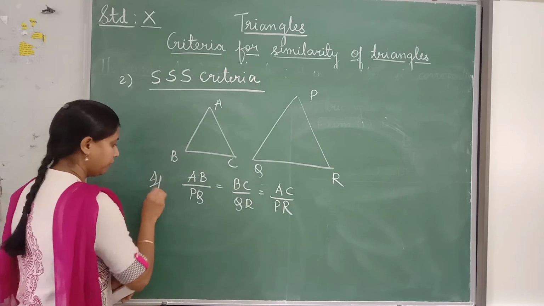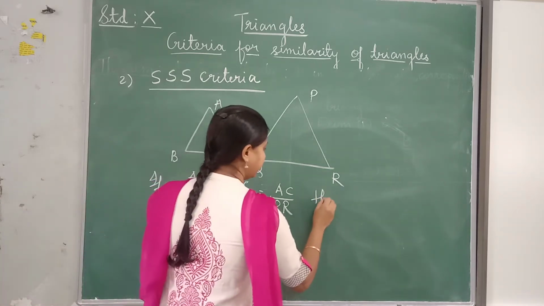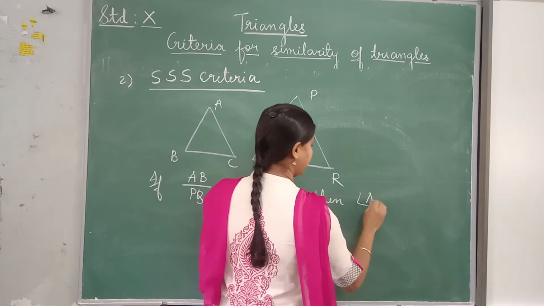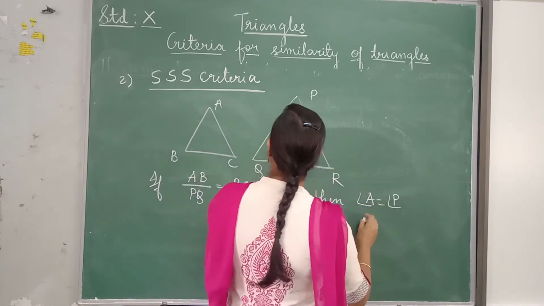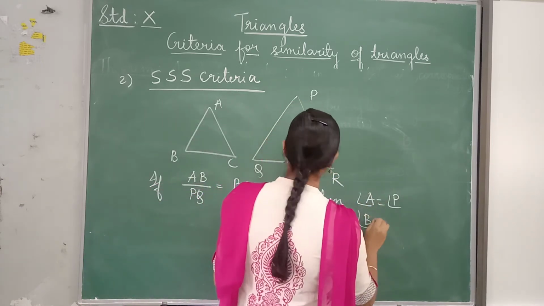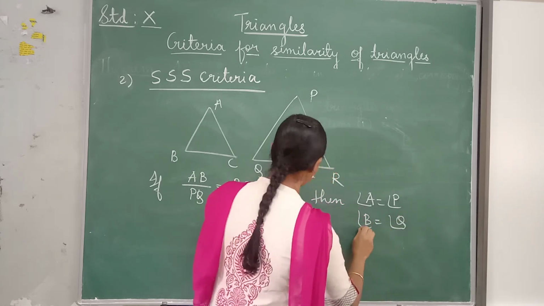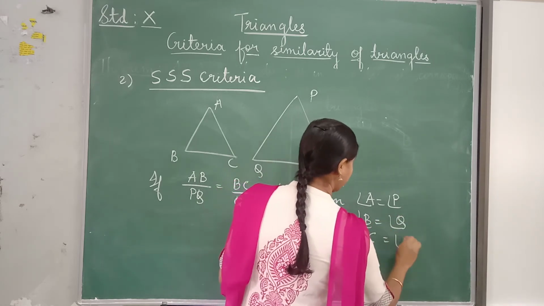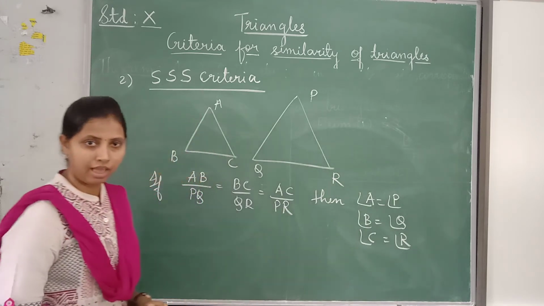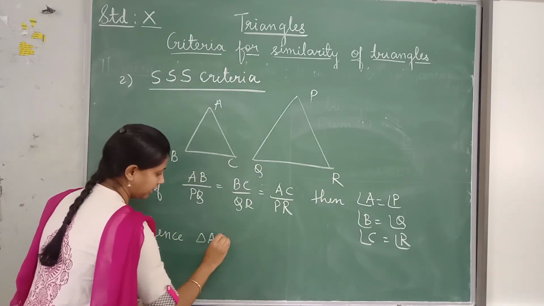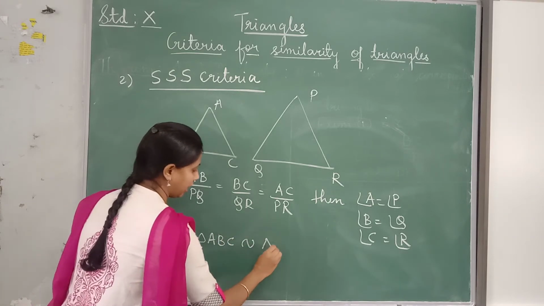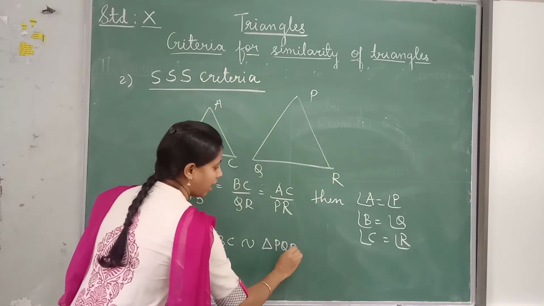So if this is there, then angle A will be equal to angle P, angle B will be equal to angle Q, and angle C will be equal to angle R, and hence triangle ABC will be similar to triangle PQR.